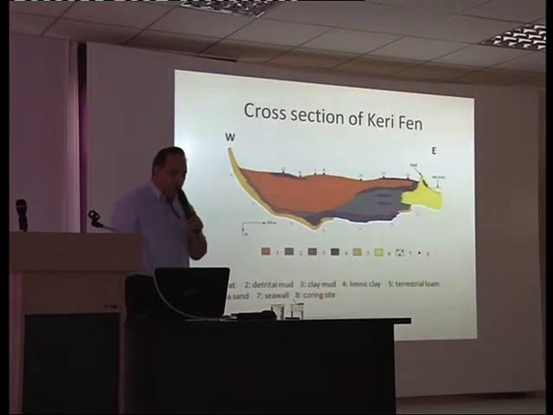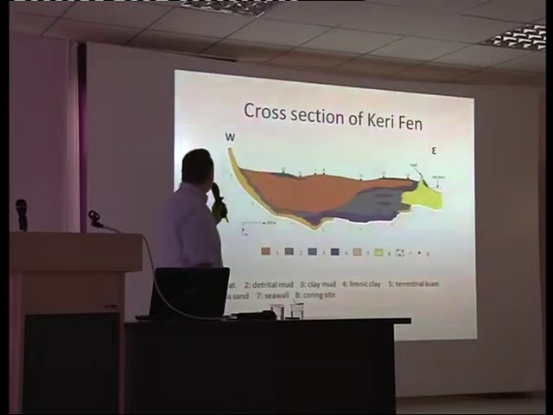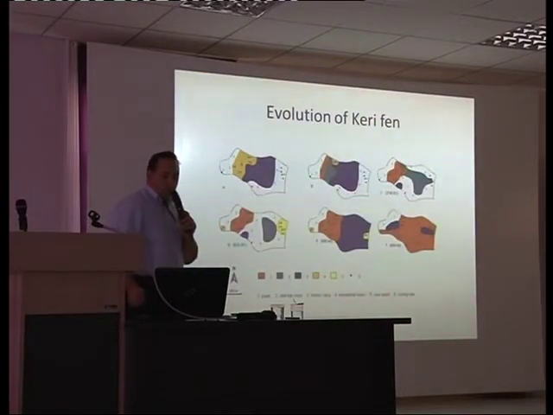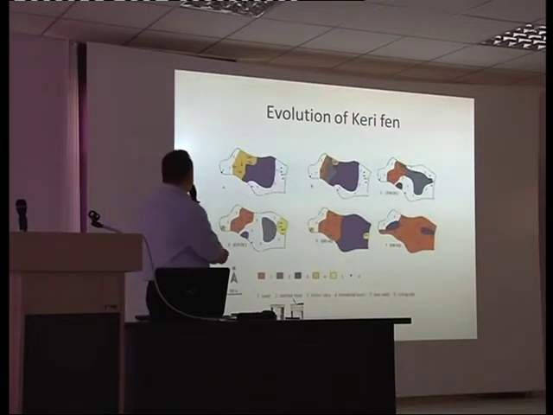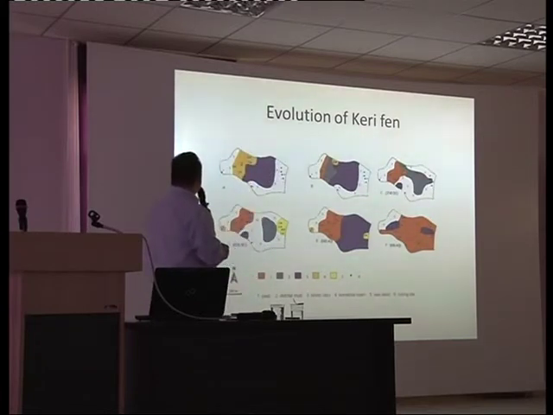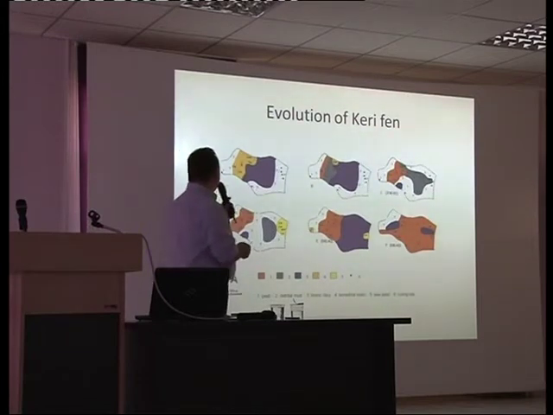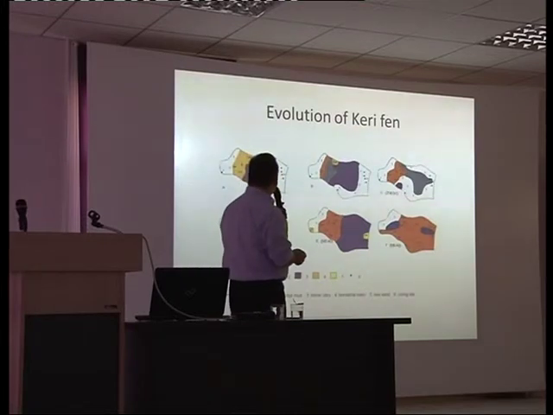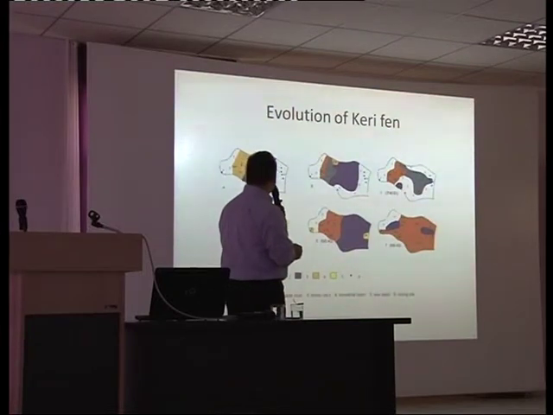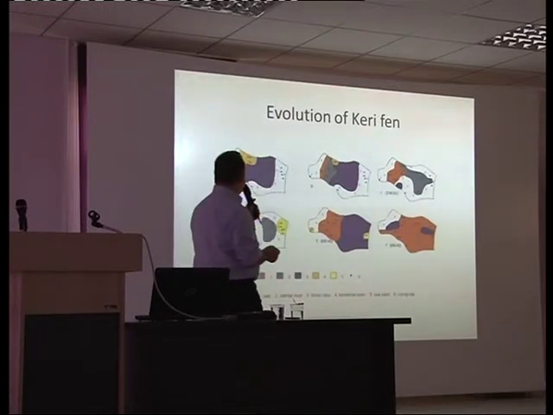We saw that cross section before. Based on this cross section, we made this evolution of the Kourie fen. So we have 6 different stages. At the first stage was a terrestrial loam, and in the center part was a limnic environment. So before 2074 BC, peat accumulation started there, with some mud, and there was a lake at that time.